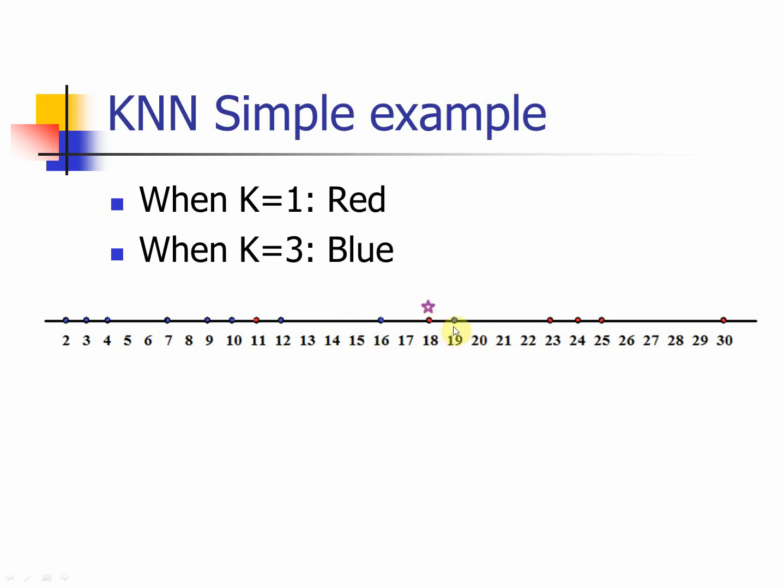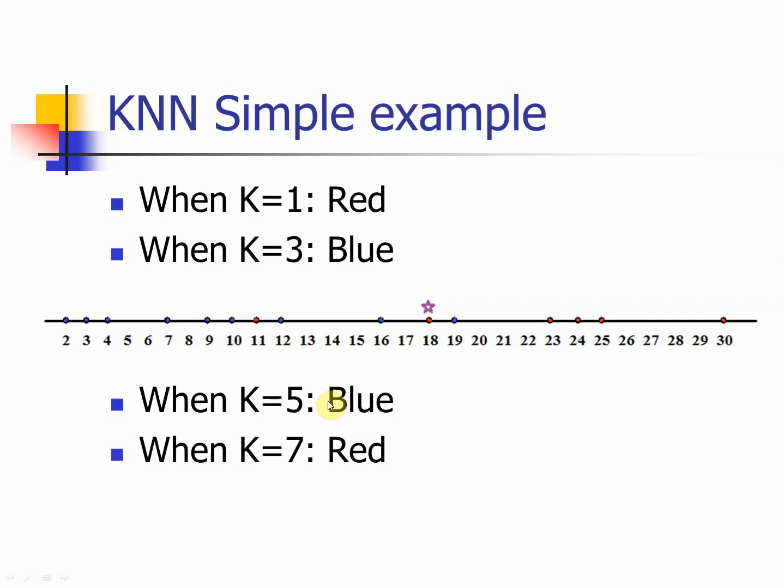Since 2 of them are blue, I will predict this case as the blue label. If k equals 5 now, you can see that it will include 23, 19, 18, 16, and 12. Since 3 of them are blue dots, I will consider this as a blue example as well.